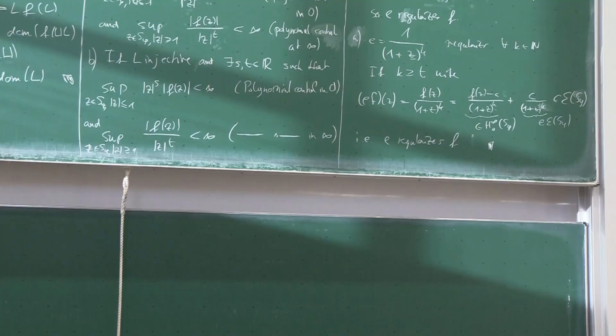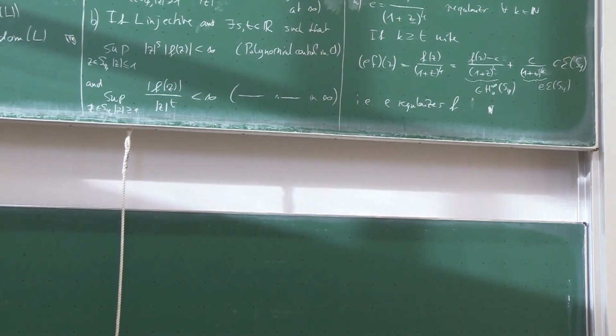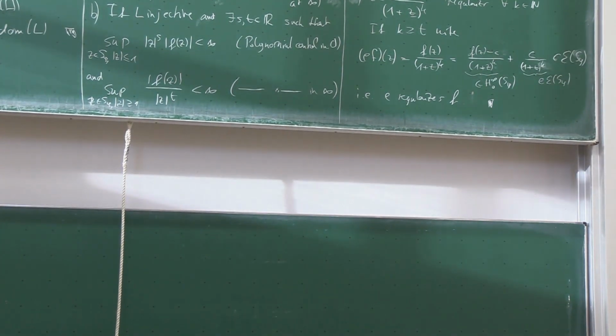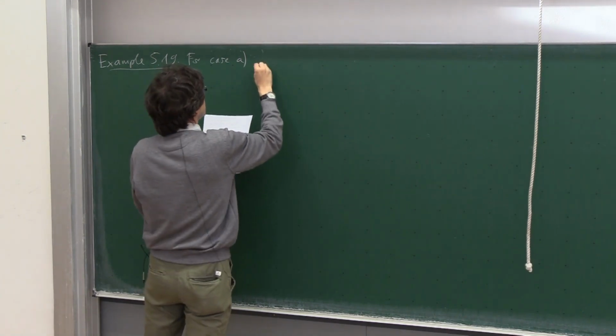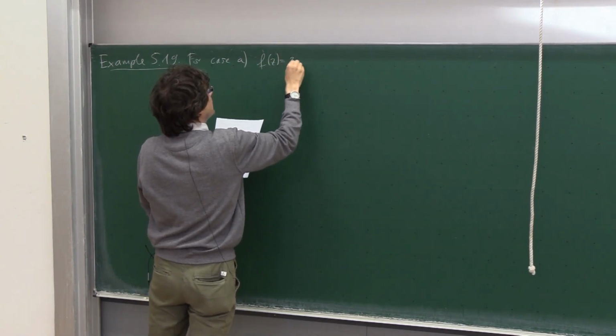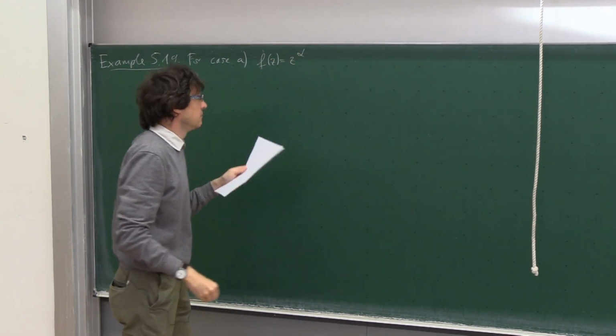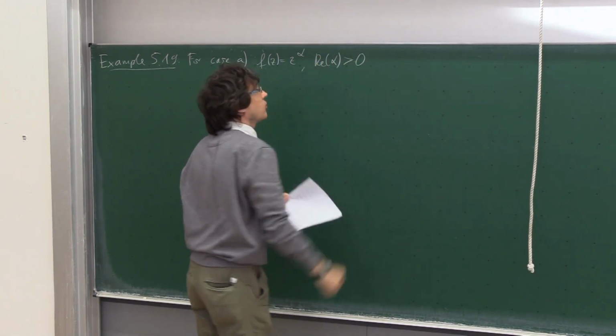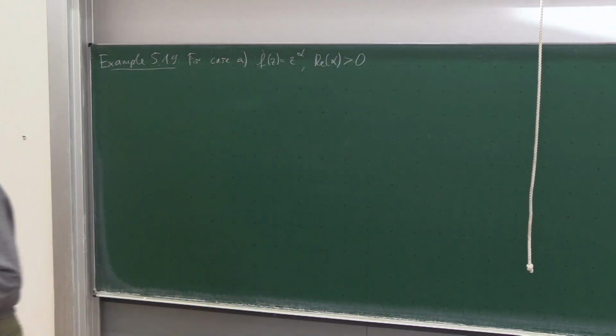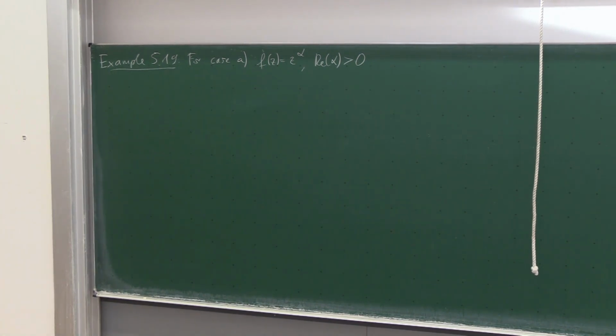So if you want to have some concrete examples, what did we gain? For instance, in case A, for every sectorial operator, we can now define z to the alpha. And we can do this for all complex exponents which have positive real part.